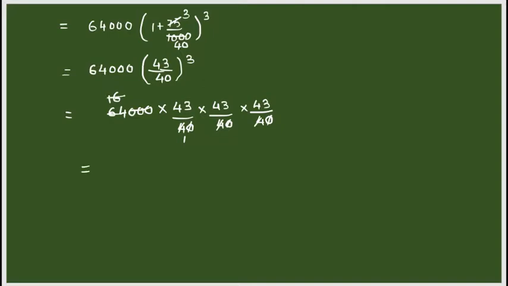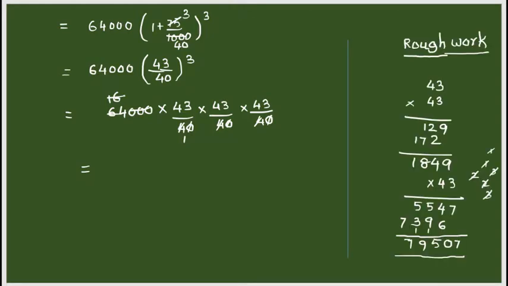Ultimately we get the product, that is 43 into 43 into 43. And here we have got 79,507 by multiplying 43 3 times. So our answer is 79,507. So this is taken as population after 3 years. So you have to write the conclusion part.